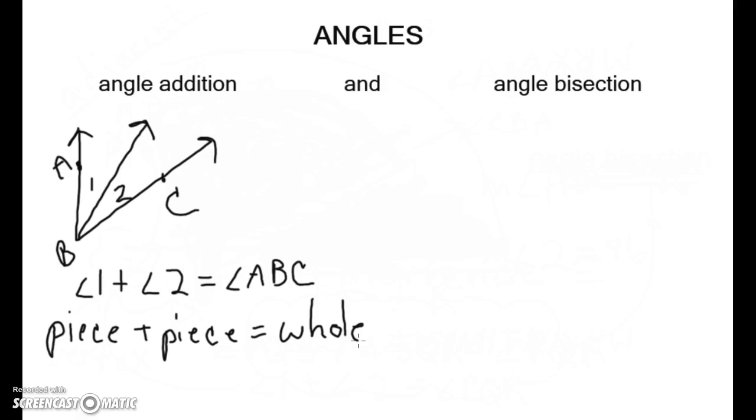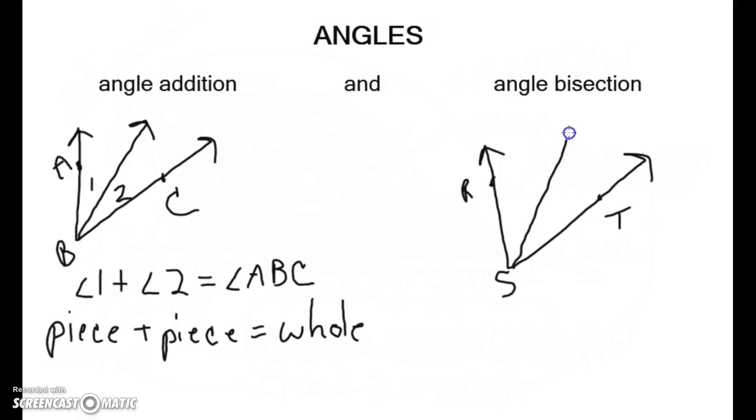The other situation is if you have an angle, let's take an angle RST, and the third ray shows up right through the middle of it. And it might even be a really bad drawing, but someone has marked it as congruent. And let's call this angle 3 and angle 4. We could say angle 3 plus angle 4 equals angle RST.